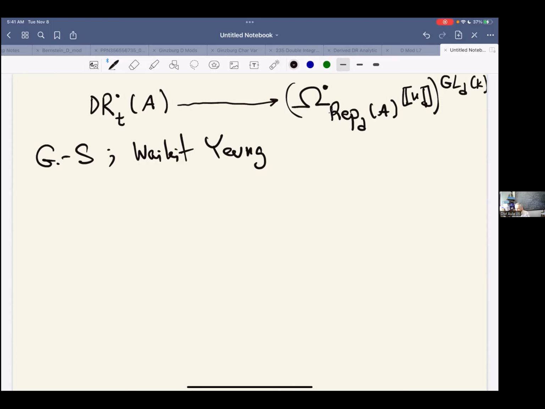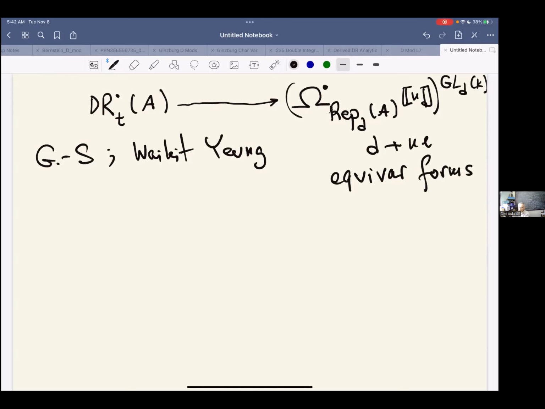I don't have time, but if I consider the representation scheme of A, the scheme whose points are d-dimensional representations of A, then there is this Ginzburg-Schedler map from one to another.